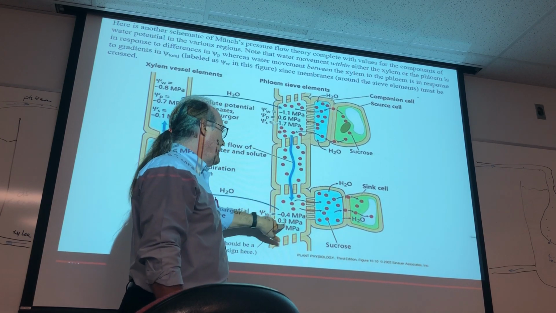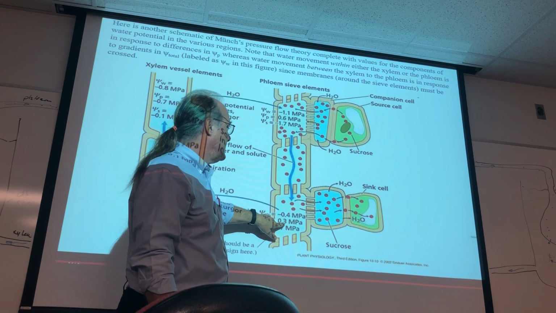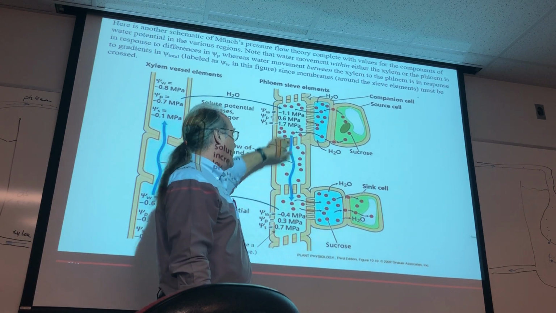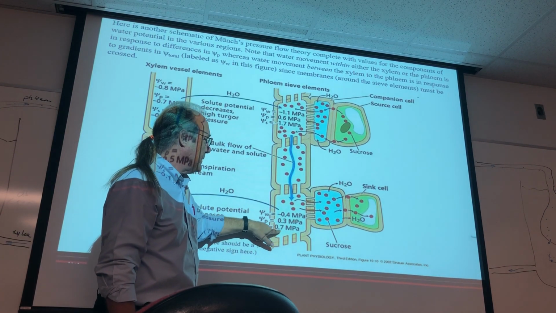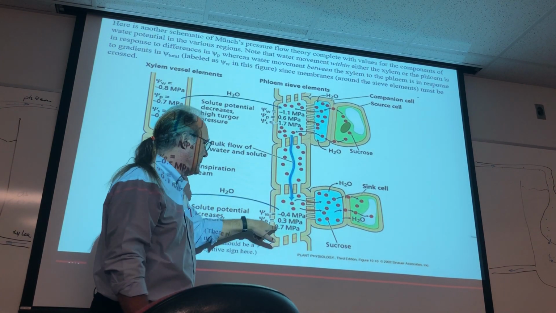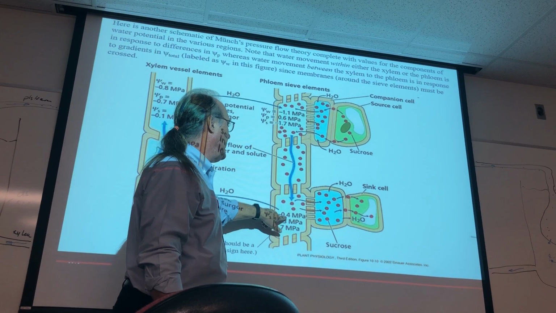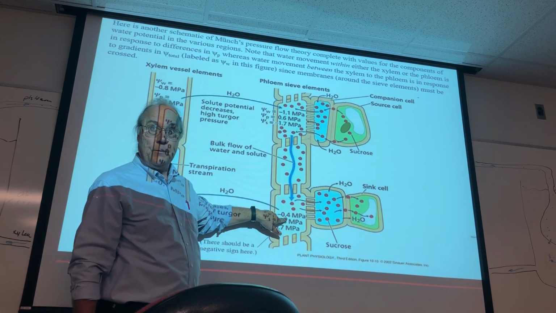So the pressure potential here may be 0.3 megapascal. The osmotic potential minus 0.7, there's a negative sign missing from this number, minus 0.7. And that makes a total water potential of minus 0.4 megapascal.